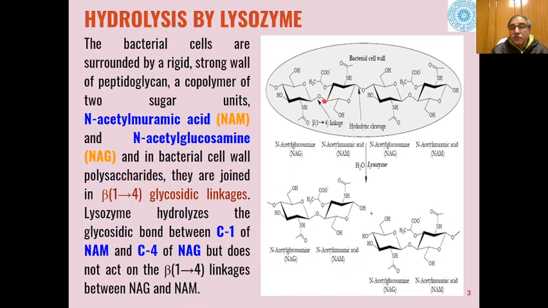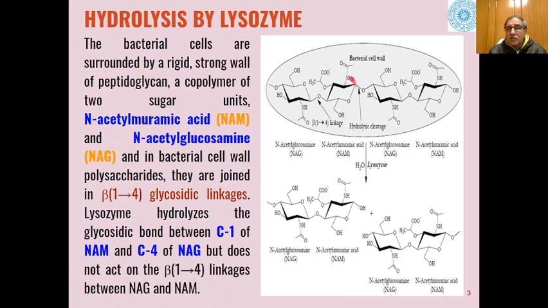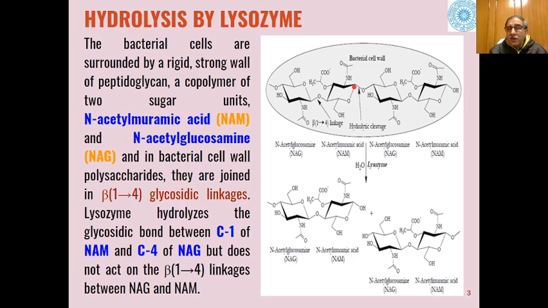Lysozyme hydrolyzes the glycosidic bond between C1 of NAM, N-acetyl muramic acid, and C4 of NAG, N-acetyl glucosamine. So it will hydrolyze this beta 1,4 linkage, not the other beta 1,4 linkage.